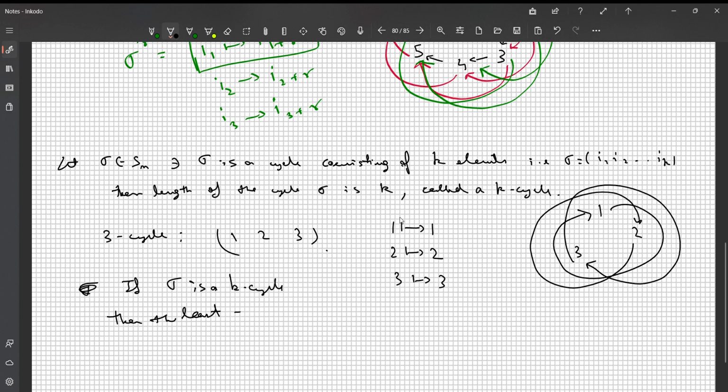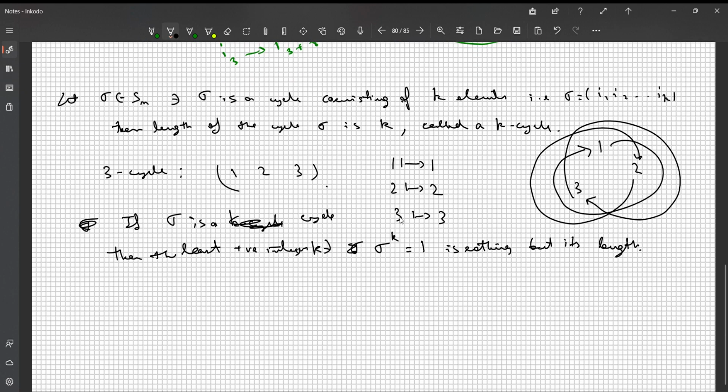So suppose sigma is a cycle. Then the least positive integer k such that sigma to the power k equals 1 is nothing but its length.